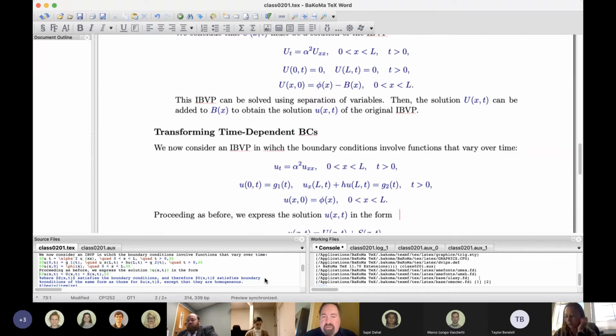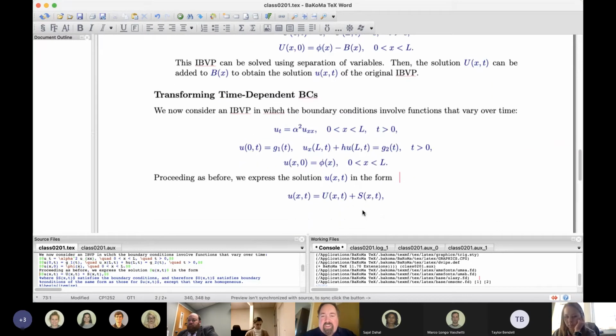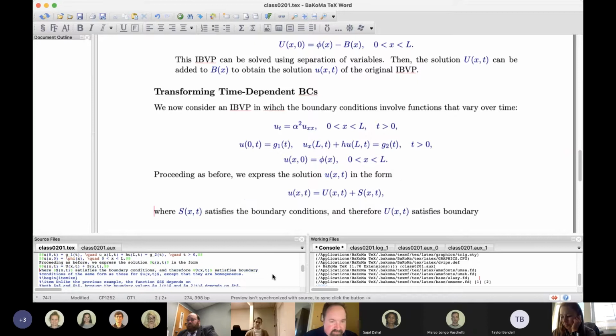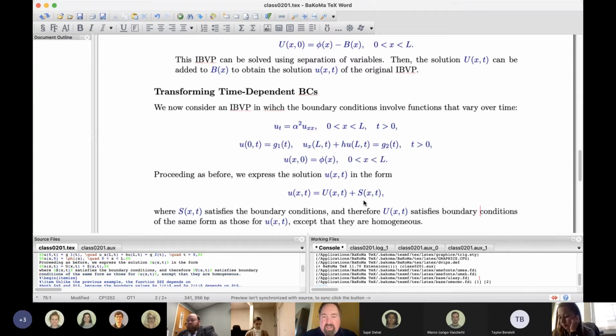Now we use the same approach, except because the boundary conditions now depend on t, this add-on function, which I'm calling capital S, must depend on t also. So it satisfies the same boundary conditions as the original solution. Then capital U will satisfy these boundary conditions with 0 on the right-hand side. So again, we're canceling out the boundary conditions. In other words, we subtract off from little u a function that's as simple as possible that satisfies the same boundary conditions.